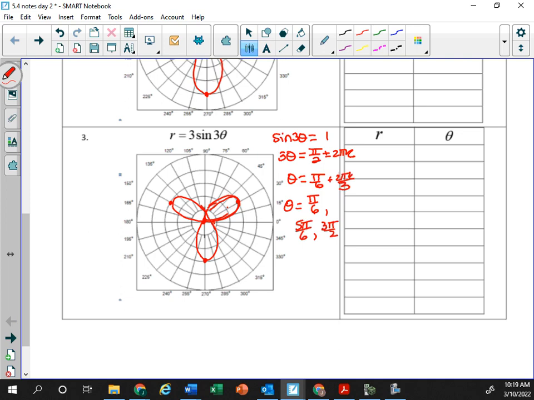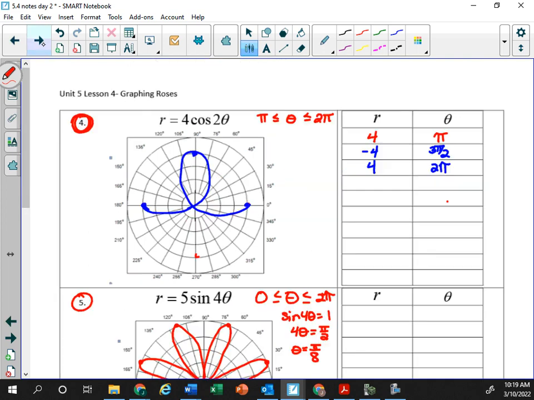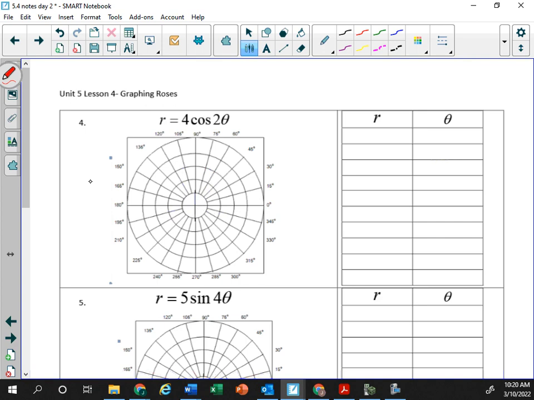Okay. All right, turn the page. Okay, this first one, 4 cosine 2 theta. We're going to graph this with theta values from pi to 2 pi.